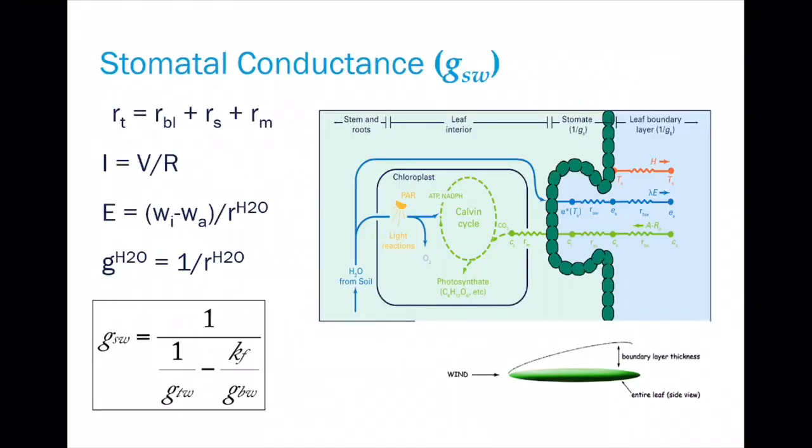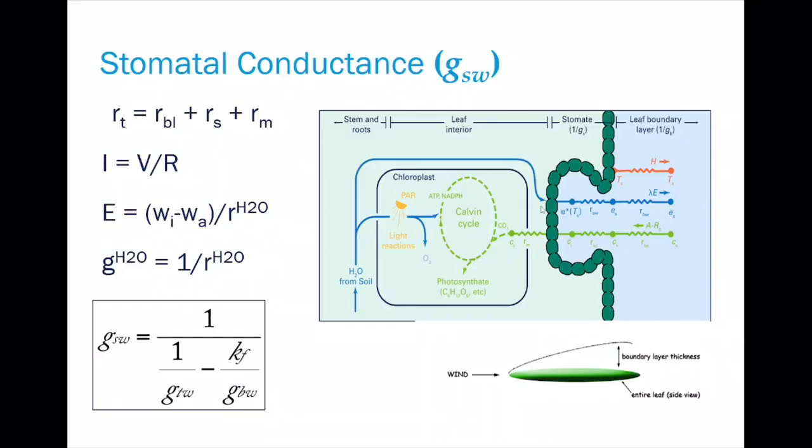So to calculate stomatal conductance to water, we have to visit a model. And here we apply basically an Ohm's law analogy, where if we view the movement of water out of the leaf, water has to move through the intercellular air spaces, through the stoma, through the boundary layer to get out into the well-mixed air.